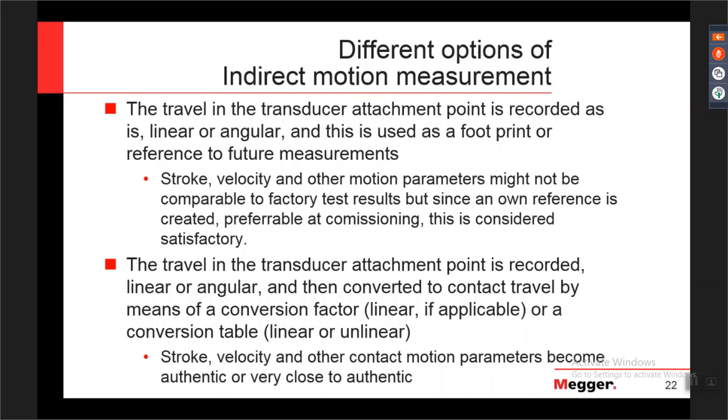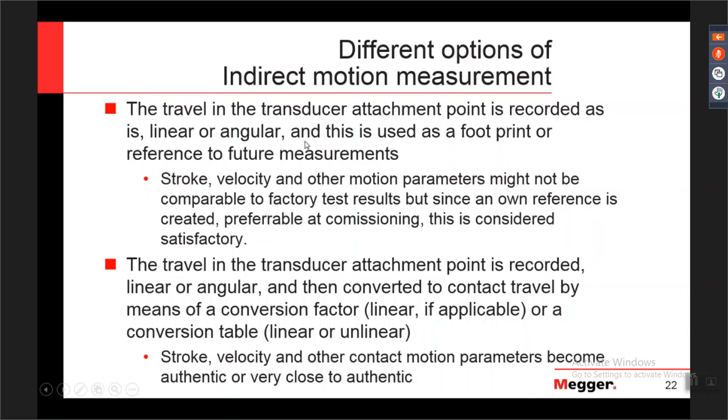This is a good way to use as a footprint or reference for future measurement. Stroke velocity and other motion parameters might not be comparable to factory results, but since your own reference is created, preferably at commissioning, this is considered satisfactory.